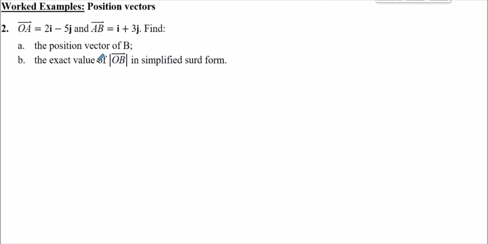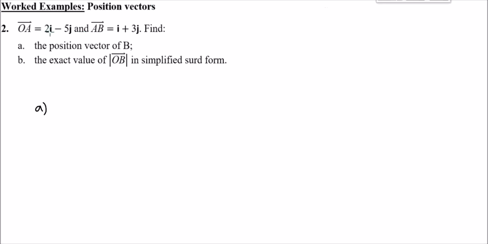Question 2 now. Another one on position vectors. We've got OA, which is 2i minus 5j, and AB, which is i plus 3j. We need to find, for part a, the position vector of B. What I'm going to suggest is that we just sketch this out, because it does seem fairly hard to picture. I'm not talking even an accurate sketch, but just a rough idea of what's happening.